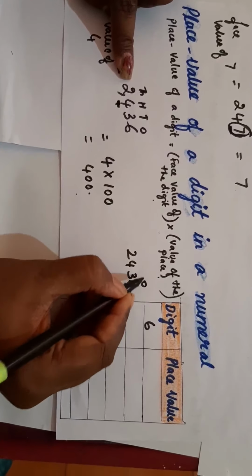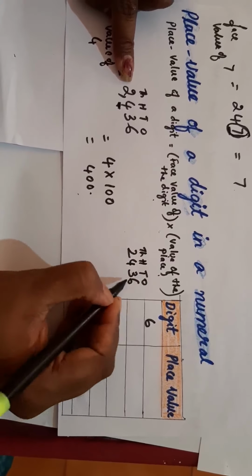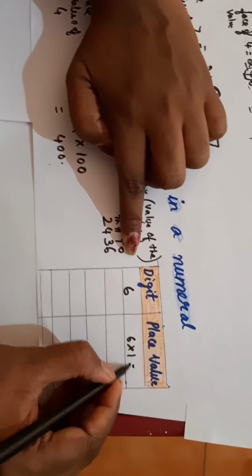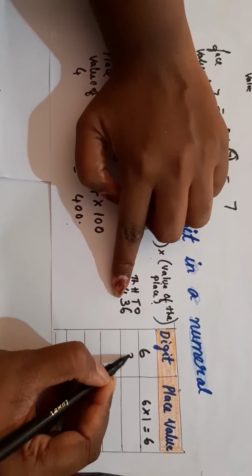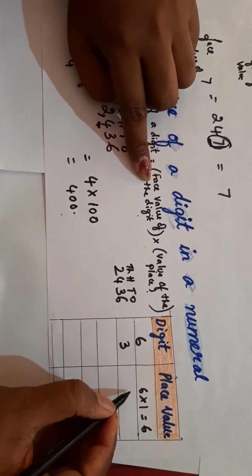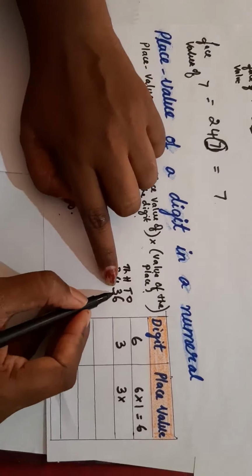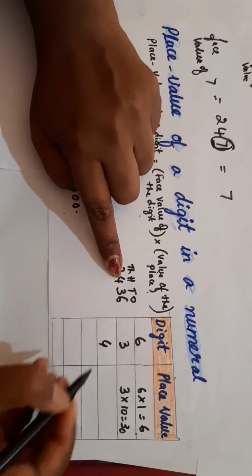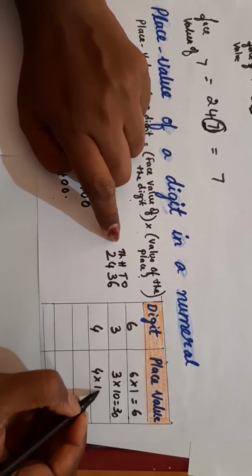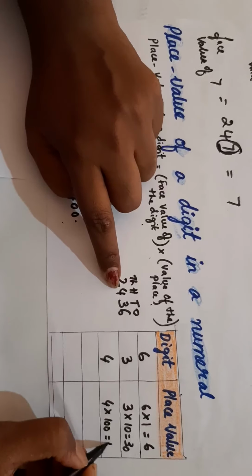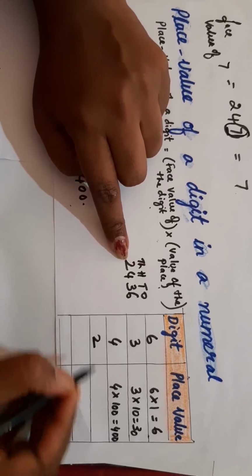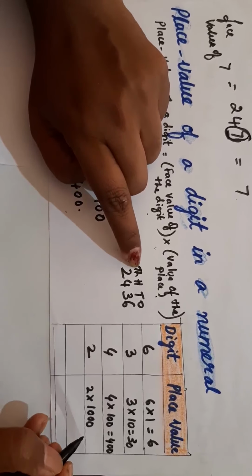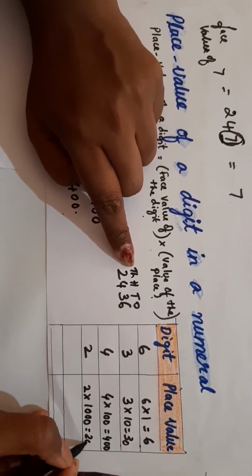Ones, tens, hundreds, thousands. 6 into ones place, 6 ones are 6. 3, the face value of 3 is 3 only, 3 into 10, 30. 4 into 100, 400. 2 into the value of the place, 1,000, 2,000.